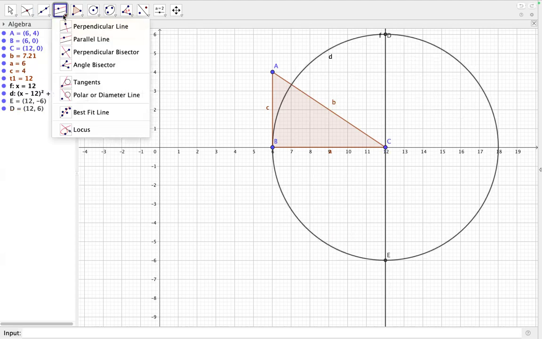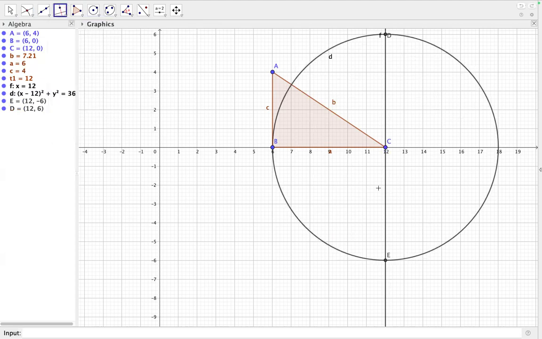Then now we can go back and use the perpendicular tool to find the perpendicular of this, because we know a square has 90 degrees. All its angles are 90 degrees.